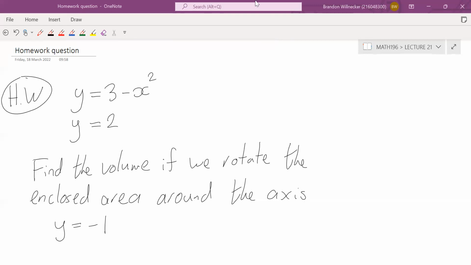Remember, next week's test will cover what we've done this week, so it's going to be on the disk method and the washer method that we've just finished today. It's 15 marks, a written test, same as we had last time.